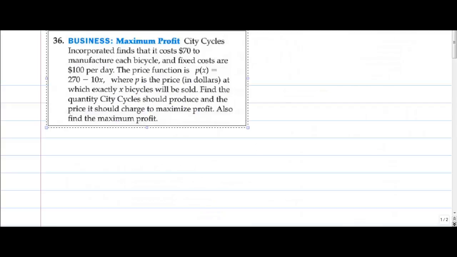Alright, so it costs $70 to manufacture each bicycle. Fixed cost and the price function are given. So find the quantity City Cycle should produce and the max profit. So we want to find the profit function, right?